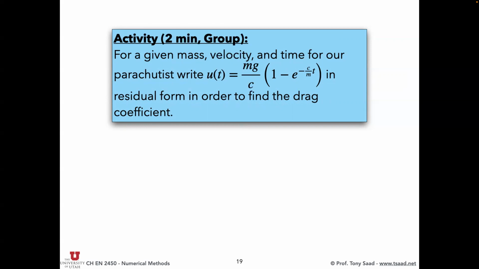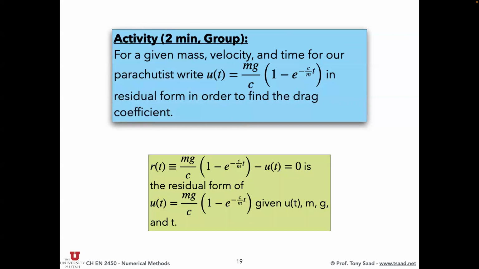Now, it doesn't matter whether you take things to the right-hand side or the left-hand side. The root is always going to be the same value. So here's how I would do it. I simply take u of t, I call it alpha, and I move it to the other side.